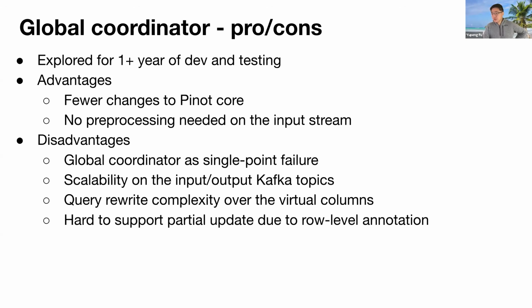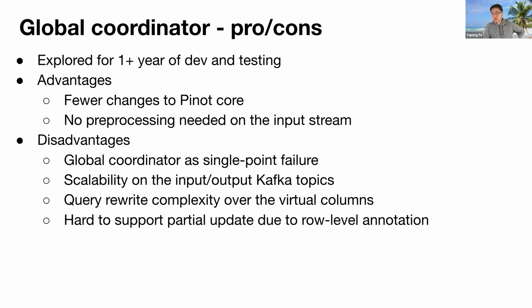Another issue is around the Kafka topics, which serve as the data collection and dispatching. You can see the number of messages in this Kafka topic is proportional to the overall data you ingested from Pinot.